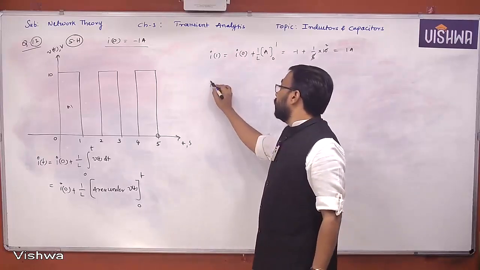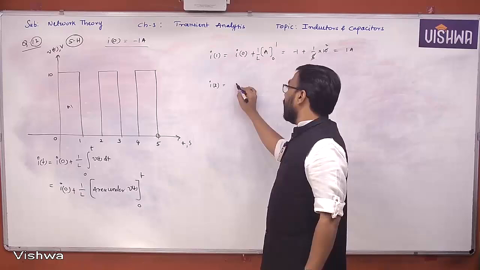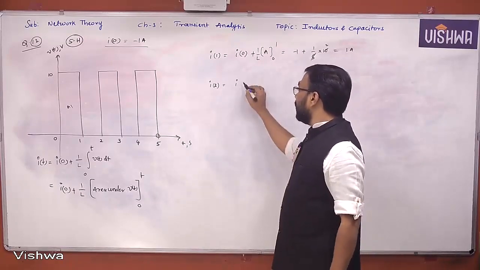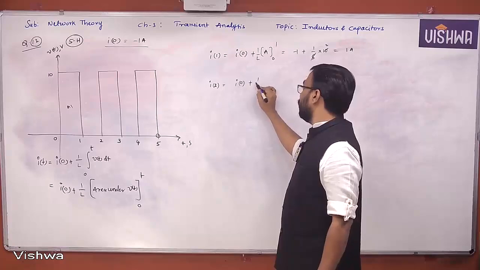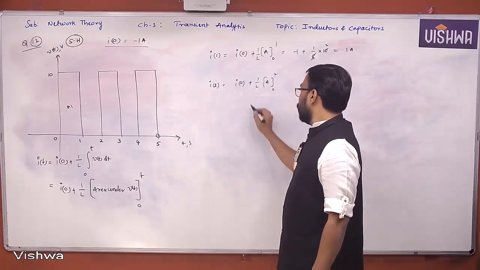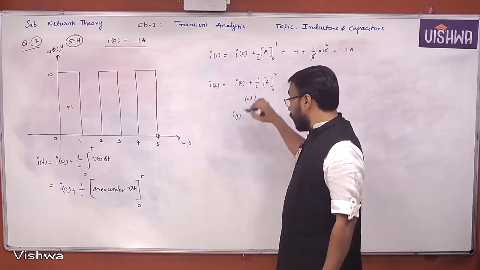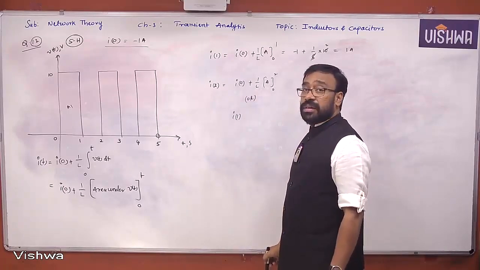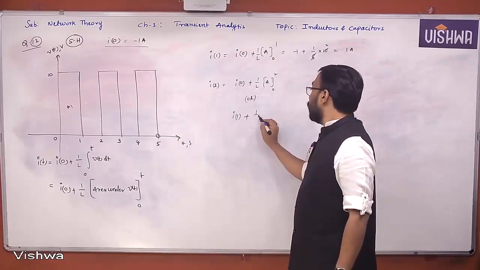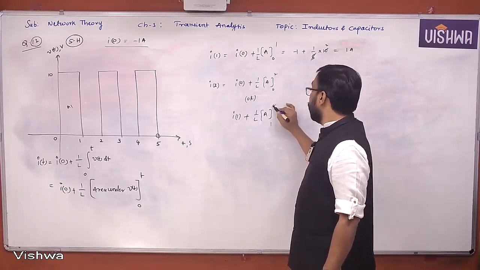Now next, I of 2. What is I of 2? I of 2 can be written as something like this. Either I can write I of 0 plus 1 by L area between 0 to 2, or I of 1 plus 1 by L area, but this time I must take 1 to 2 instead of 0 to 2.